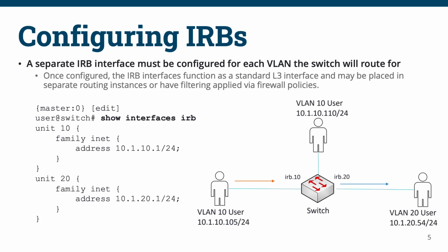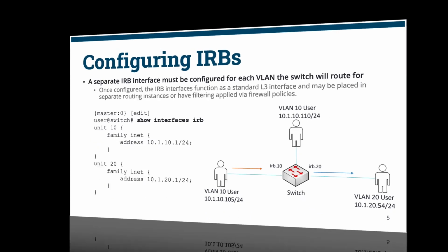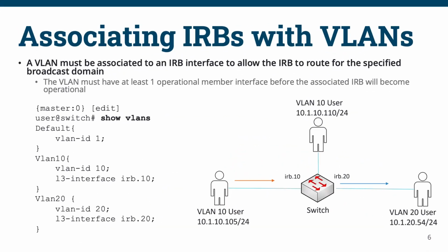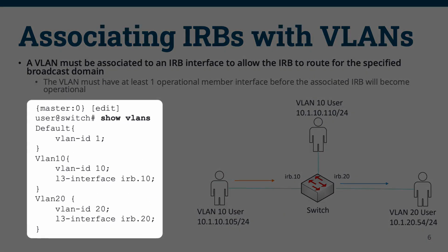Simply configuring an IP address on an IRB interface, though, is not enough to allow the IRB interface to interact with traffic. The interface must also be associated with a VLAN. As we can see in this configuration example, under the VLAN's configuration hierarchy, the IRB interface must be associated with a VLAN as an L3 interface in order to route for the specified broadcast domain.